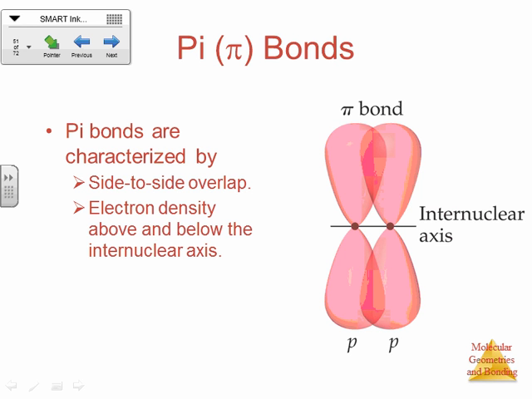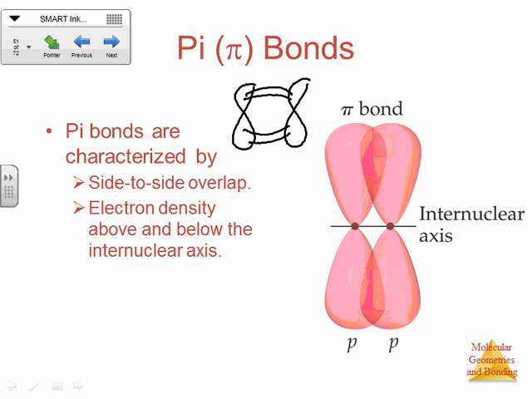So the idea here, and really, I'm not sure if this is my favorite picture of this because it's showing the overlap actually happening here. A lot of times you'll see the picture sort of like this. So they're side to side, and then what you end up with is an overlap in the areas where the electrons can go back and forth between these.